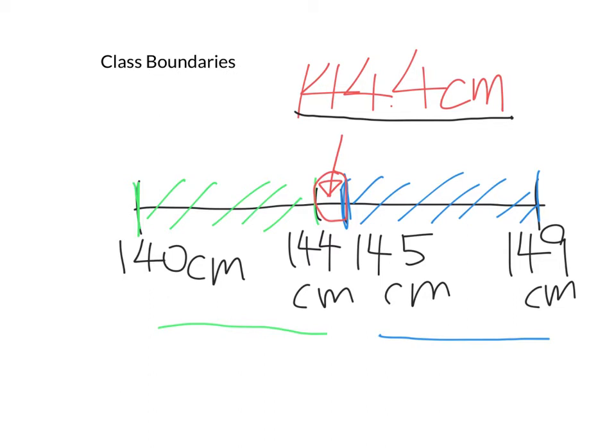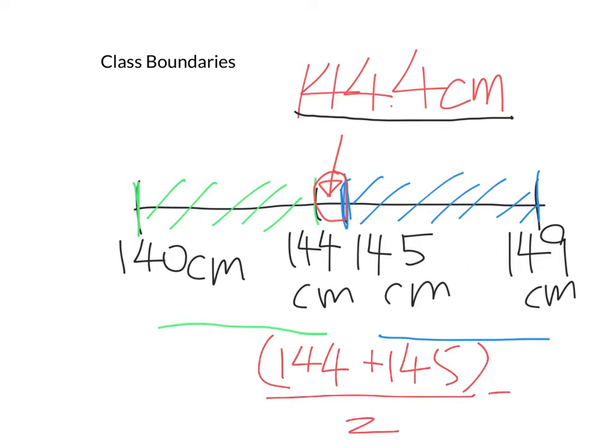How to do it? First of all, we find the midpoint of 144 and 145. Actually, it's 144 plus 145, add them together and then divide by 2. Then you can see that it is 144.5. So we use 144.5 cm as a boundary of these two groups.